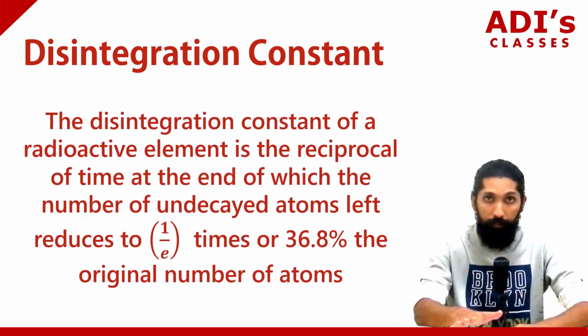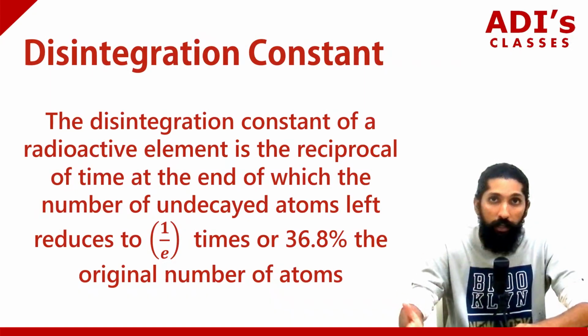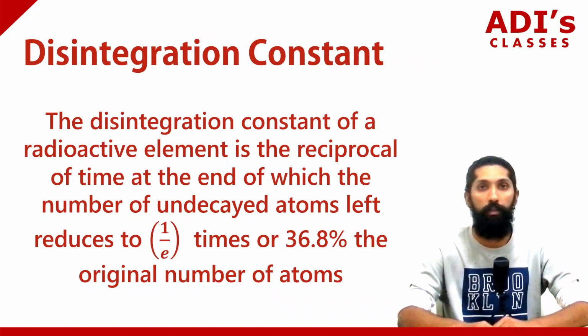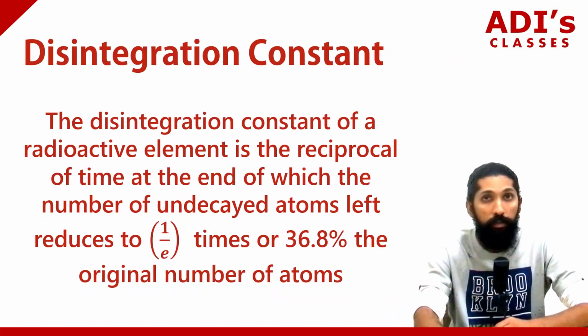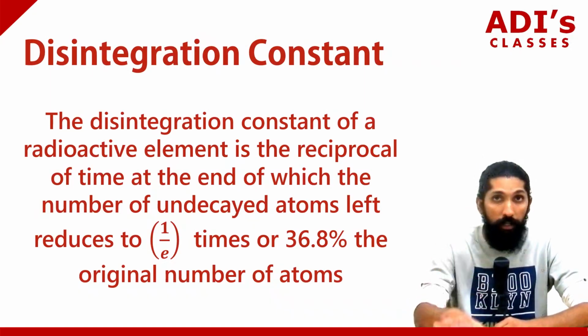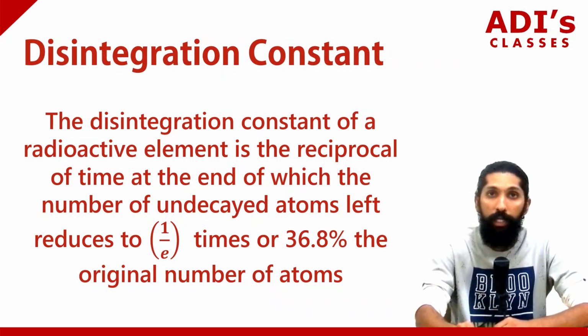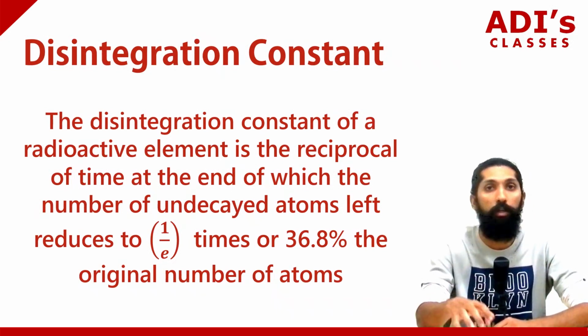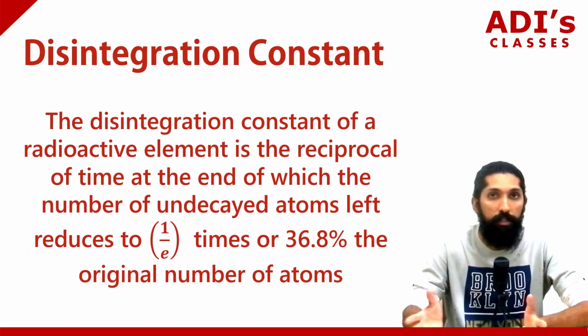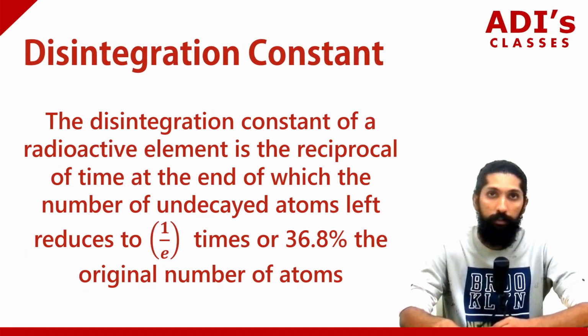Fair enough? So formally, this is the definition, or in layman's terms: how many radioactive atoms are remaining in the sample, and that should be 1 by e times the total number of atoms present in the sample in the beginning. This is basically the disintegration constant.